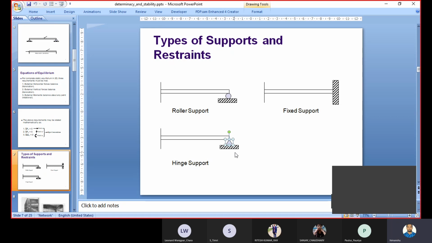So in that case there will be only horizontal and vertical displacement, not rotation. There is no rotation possible in a hinge support. There will be only displacement.